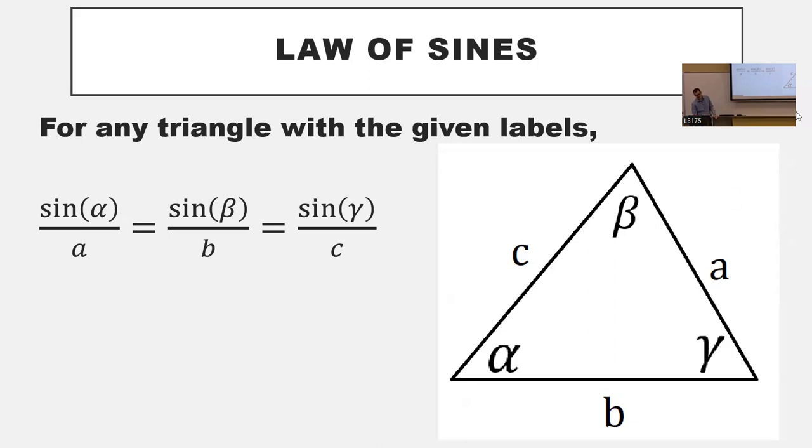By the way, I'm always going to present this picture just so we remember where B is in relation to alpha, beta, and gamma. But don't assume we're always dealing with acute triangles. A lot of times we'll have obtuse triangles. I'll put the same picture there just to remind you of the labeling convention. Okay.